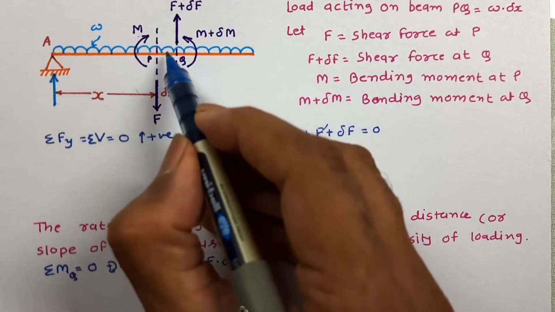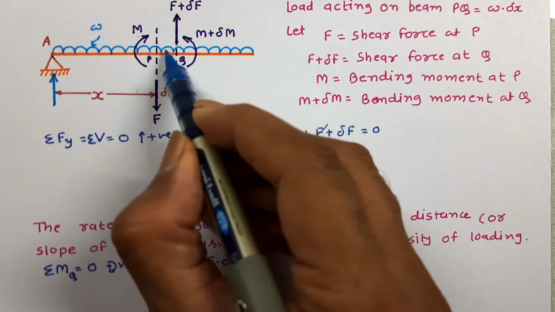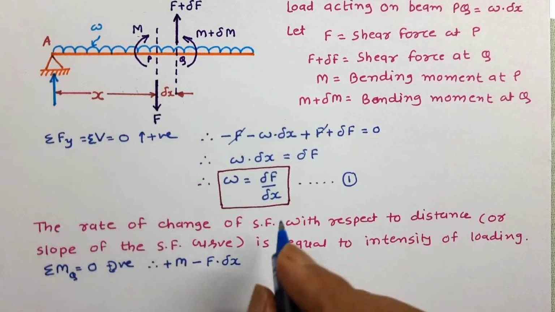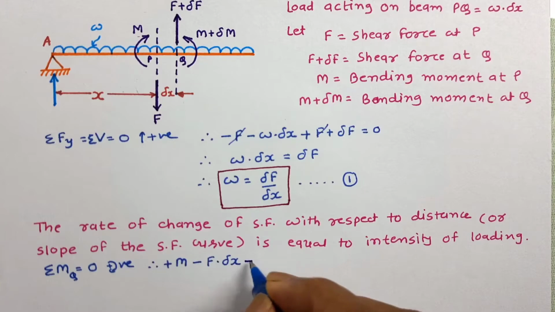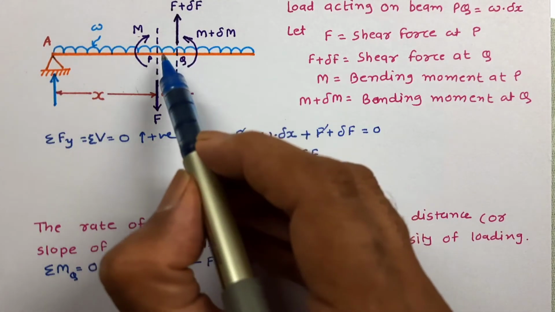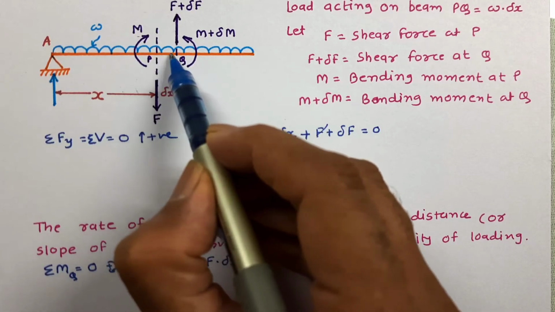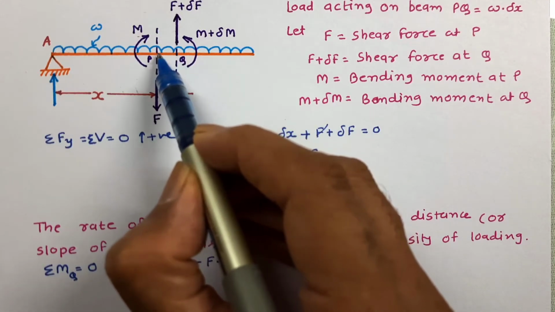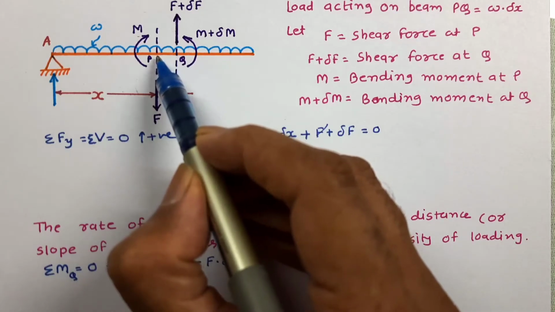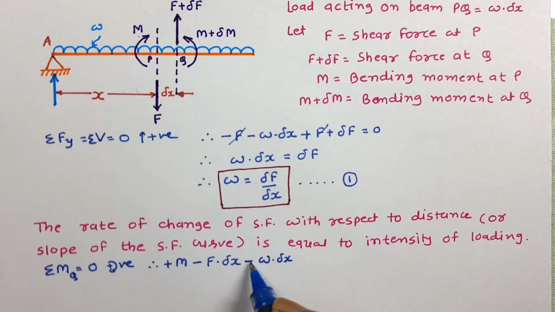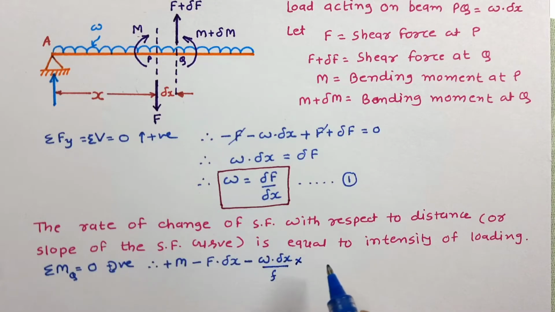Now the moment due to this UDL is also acting in anti-clockwise direction, so it will also be minus. For a UDL, to work out the moment, first we have to work out the total force. The total force for this portion we have already worked out, that is w into del x. So it will be minus w into del x. This is the force component into distance.